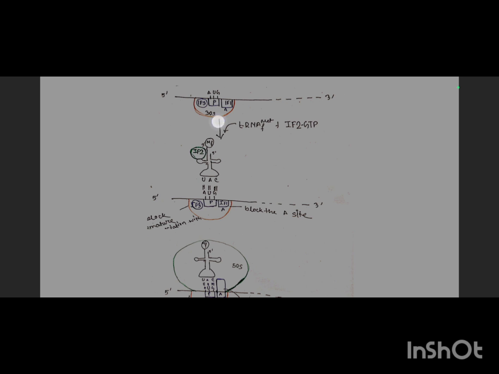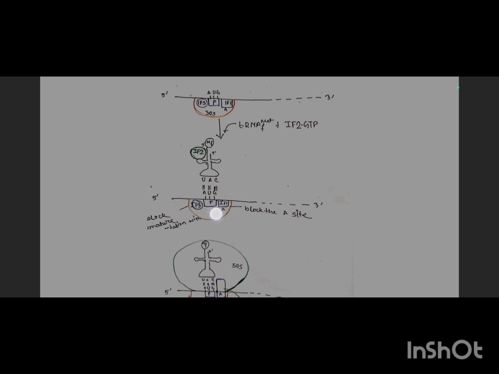And in the P site, you can see the AUG or start codon is present. So the 30S subunit sits where the start codon is present. Then IF2 brings the first initiator tRNA, and this initiator tRNA binds with the P region.